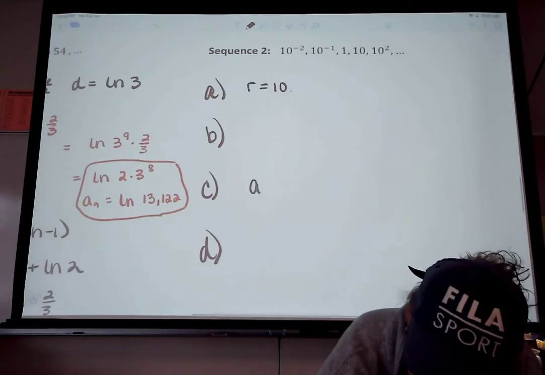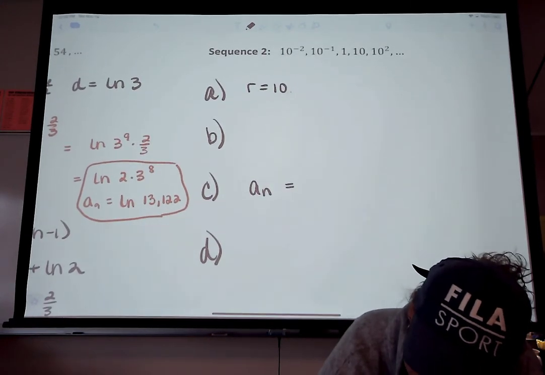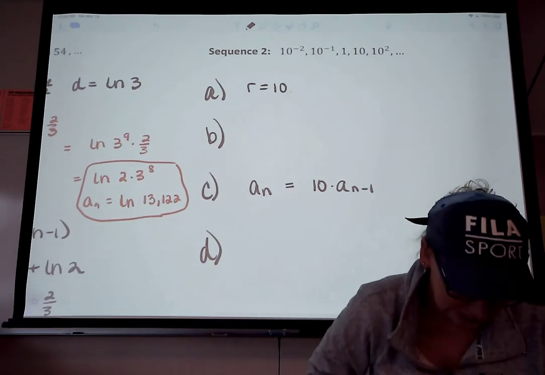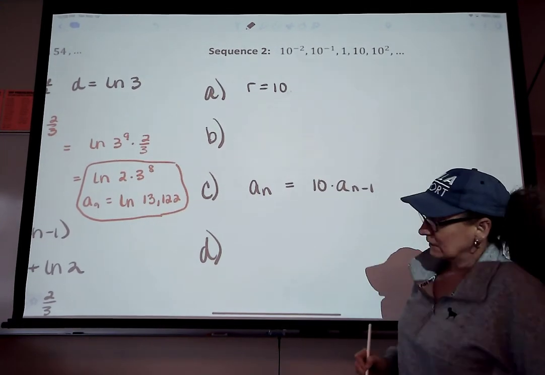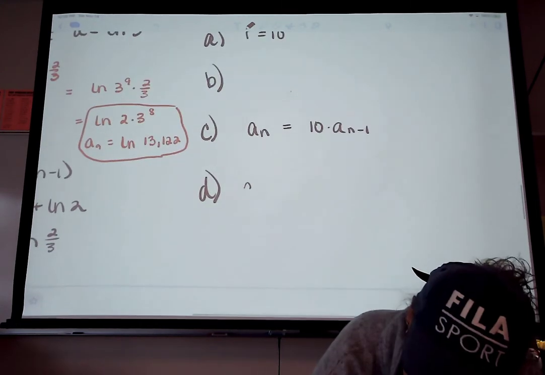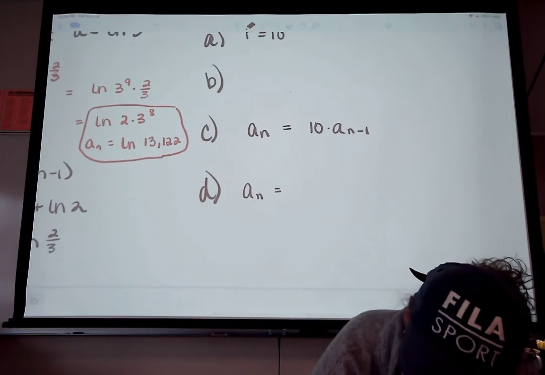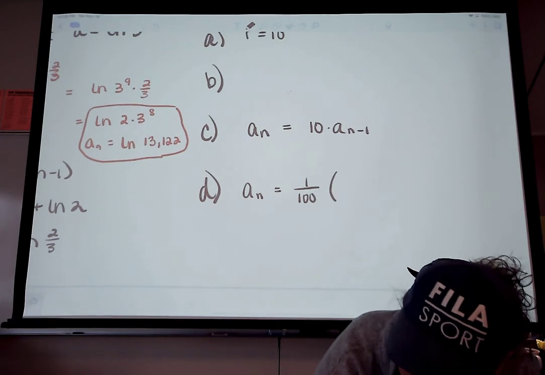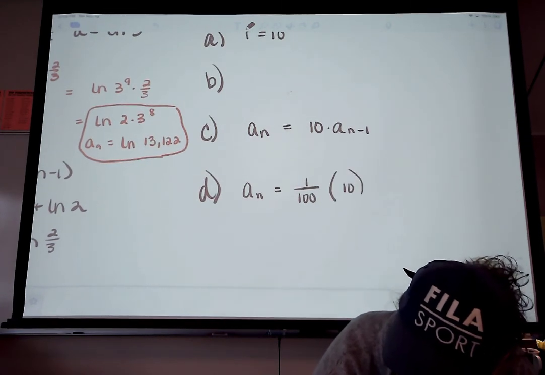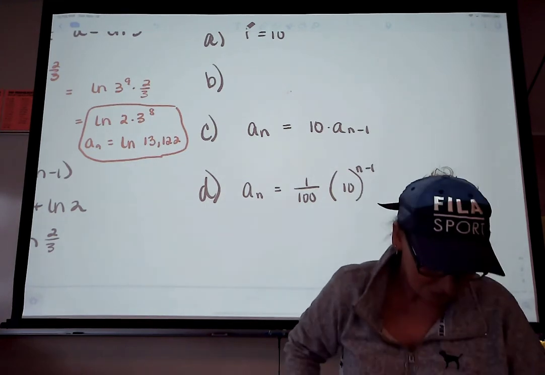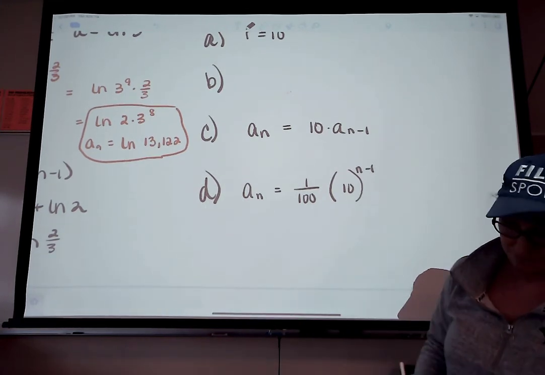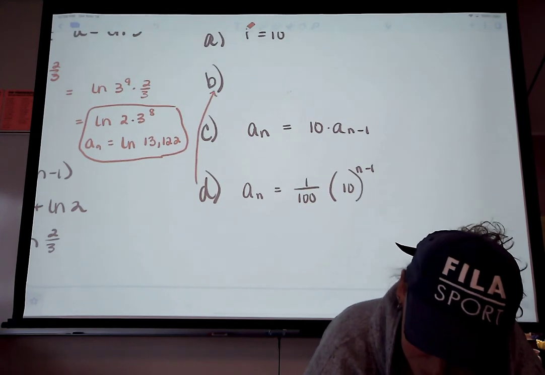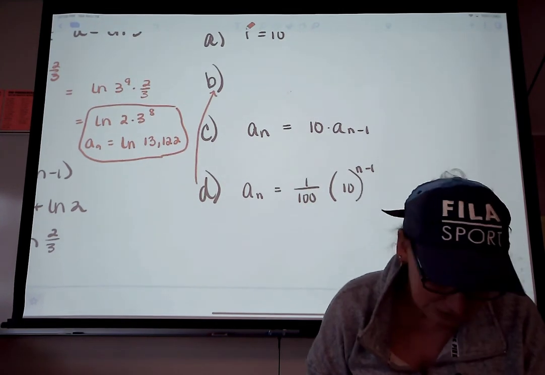Recursive. Explicit. First term, r to the n minus 1. And it wants the 10th one.